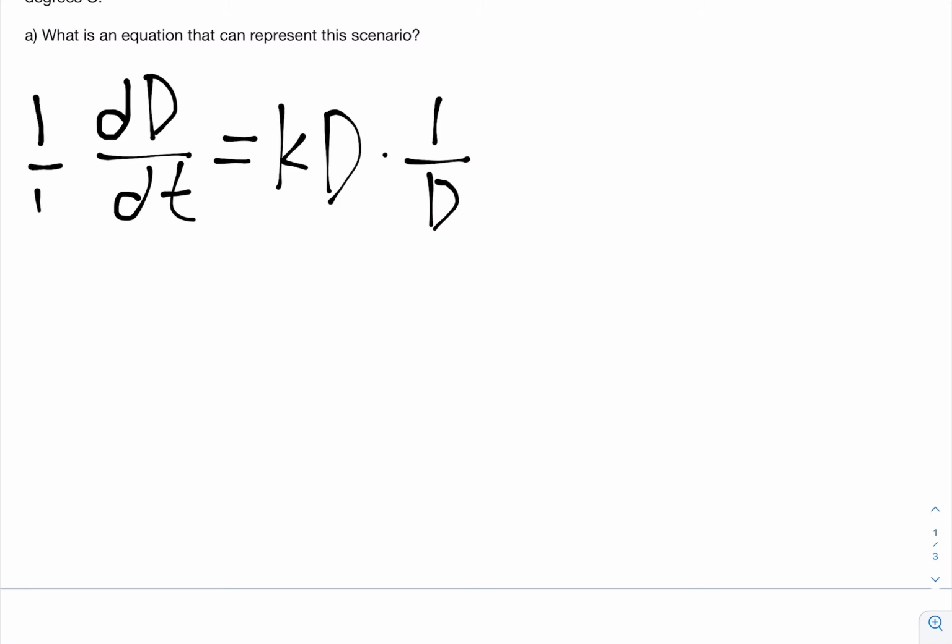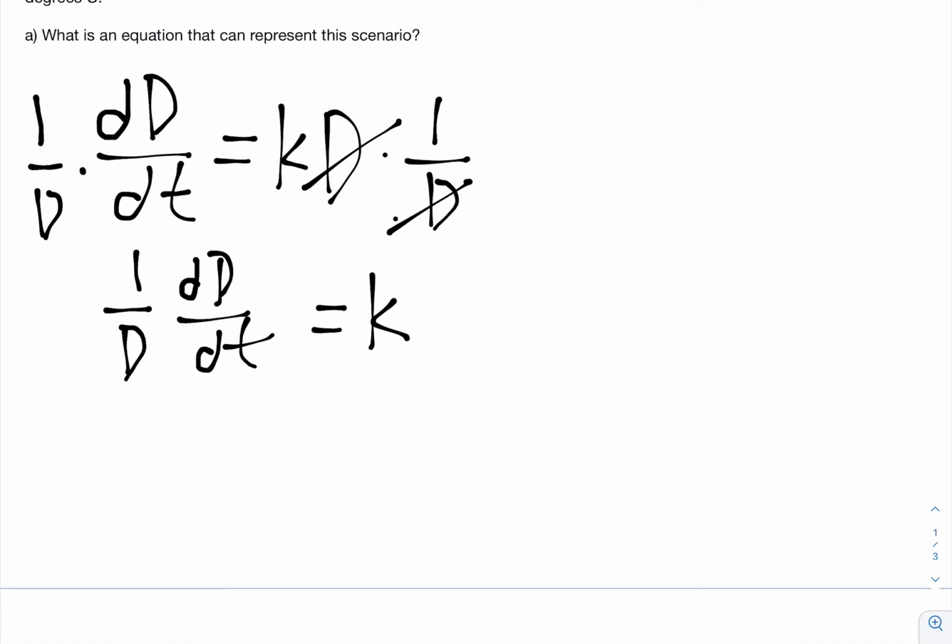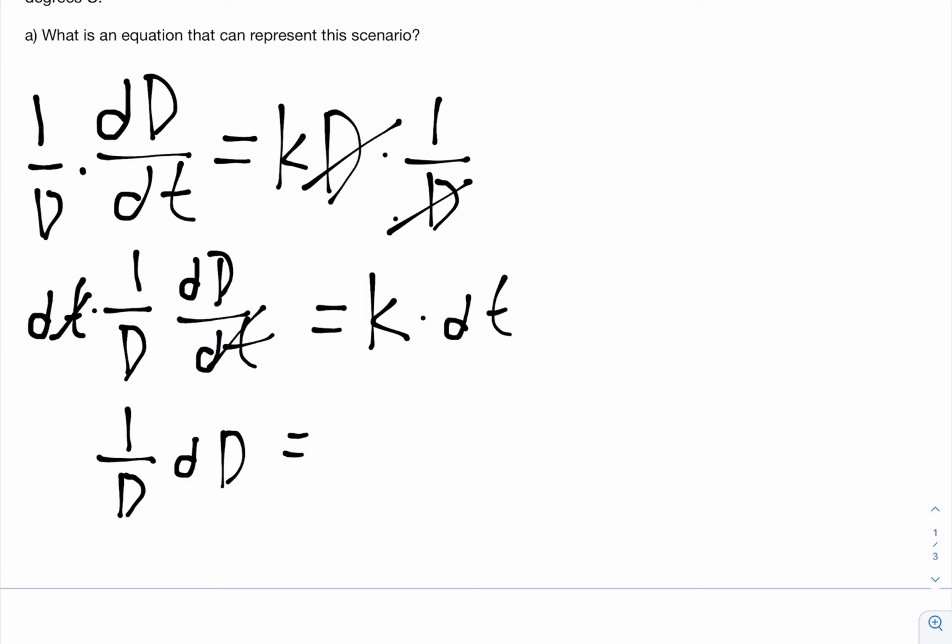So 1 over D times, the D's cancel here, so we're left with k on the right, and we have 1 over D times dD/dt. Okay, and if we multiply by dt on both sides, the dt's cancel, and we get 1 over D dD equals k dt.